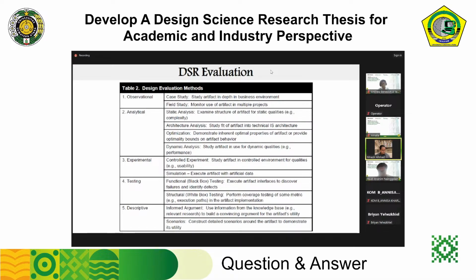In computer science, I know you are so familiar with the performance, recall, and precision, and so on. Of course, that is experimental, right? You can do it, no problem. But in the IS discipline, we are not very keen on the experimental. Most of the evaluation, we go to the qualitative or quantitative or development or something like that, right?